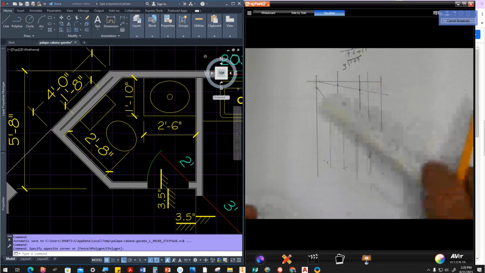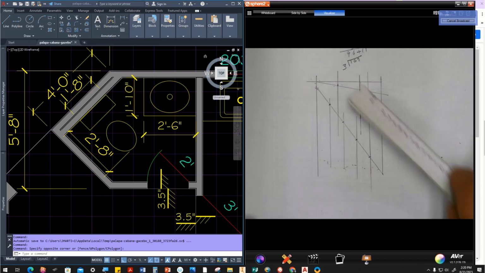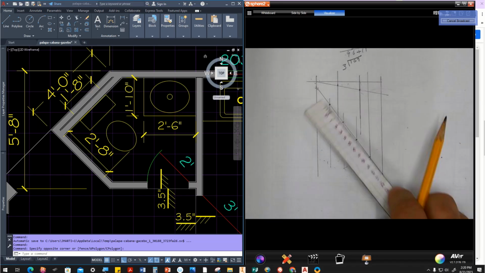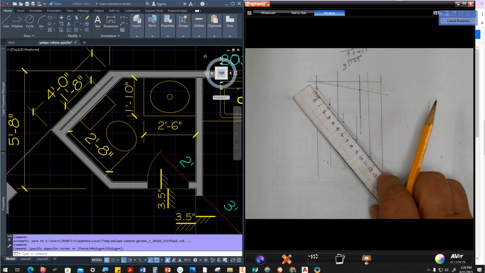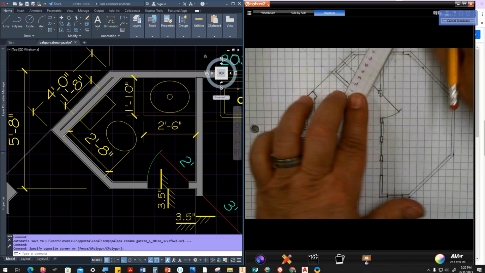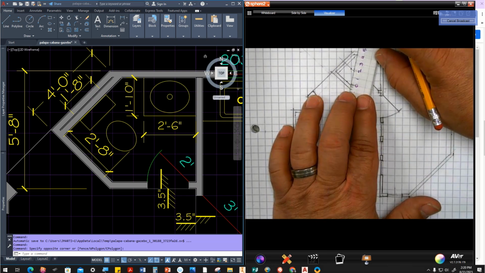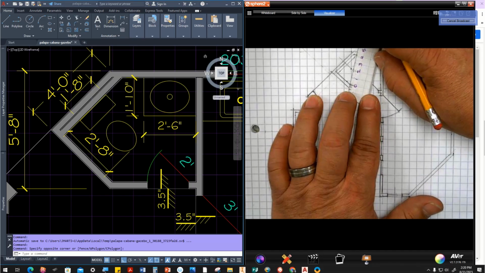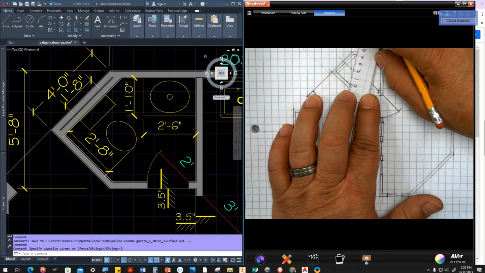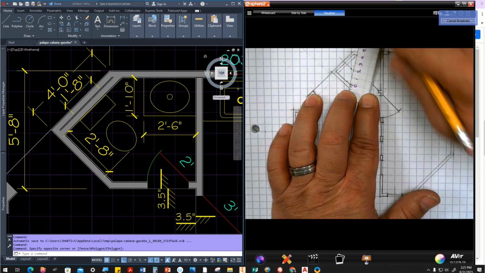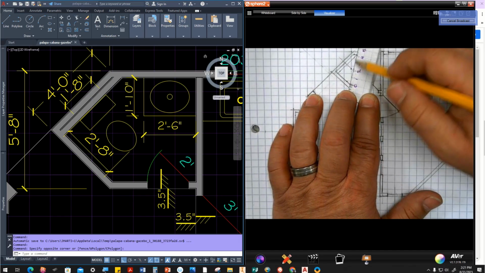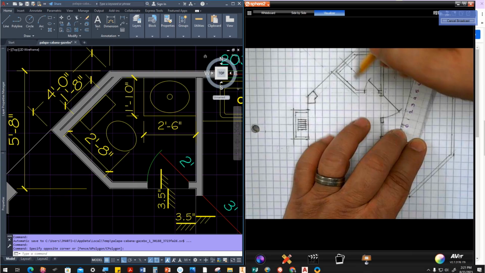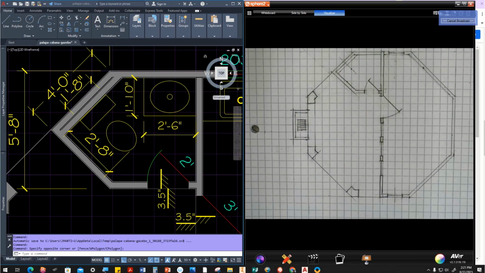In a 90 degree pair of lines, you can place your measuring device slanted from one endpoint to the other line. So measure 4 this way, and you know that 2 is here, and that would be half of it. Okay, it tells you that the dimensions of the toilet, the footprint of the toilet, would be 1 foot 8 by 2 feet 8.